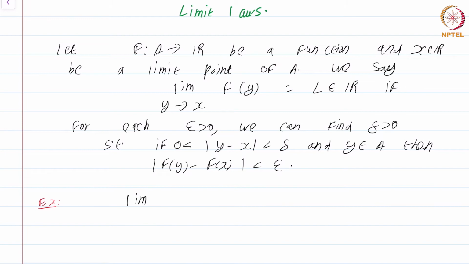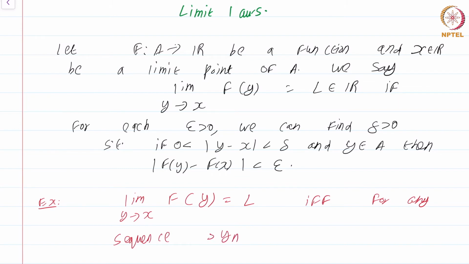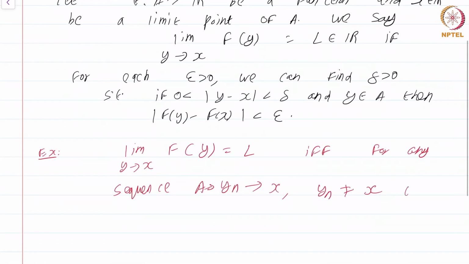The limit as y goes to x of f of y is equal to L if and only if for any sequence y_n in A converging to x, and y_n is never x, then f of y_n converges to L.